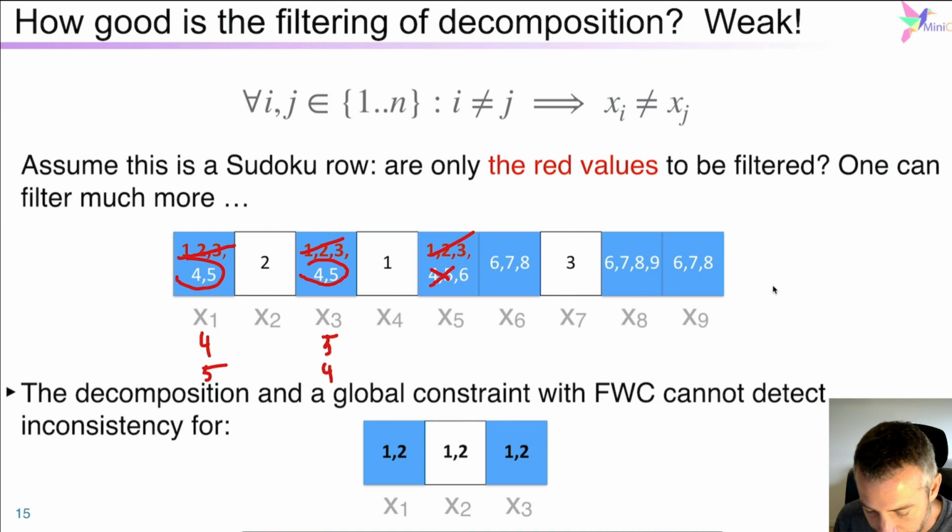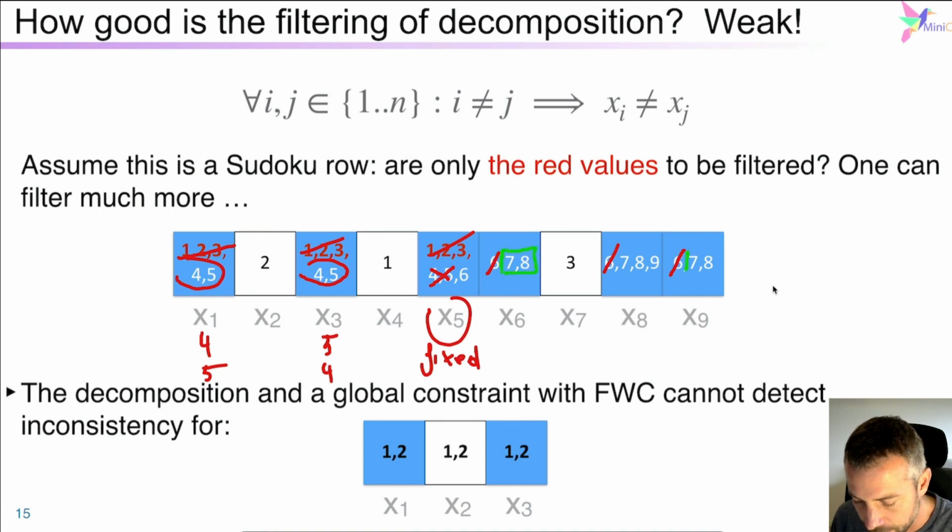Because of that, x5 now is fixed, and since x5 is fixed, I will be able to remove it from x6, x8 and x9. And now what we have there is that here, again, we see something that is interesting. 7 and 8 will be taken by x6 or x9. That's exactly the same, for the same reason as the one I already explained for x1 and x3.